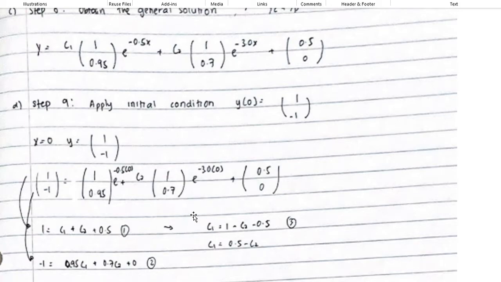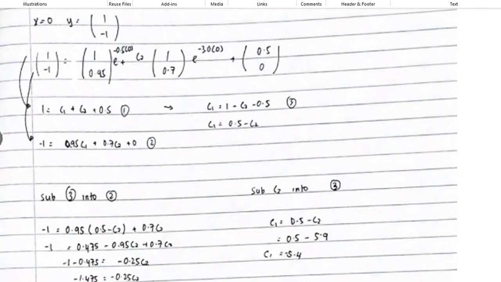The value is after the equal. The simplest thing I can say is we find the C1 from equation 1. So in equation 1, C1 equals 0.5 negative C2. That will be equation 3.